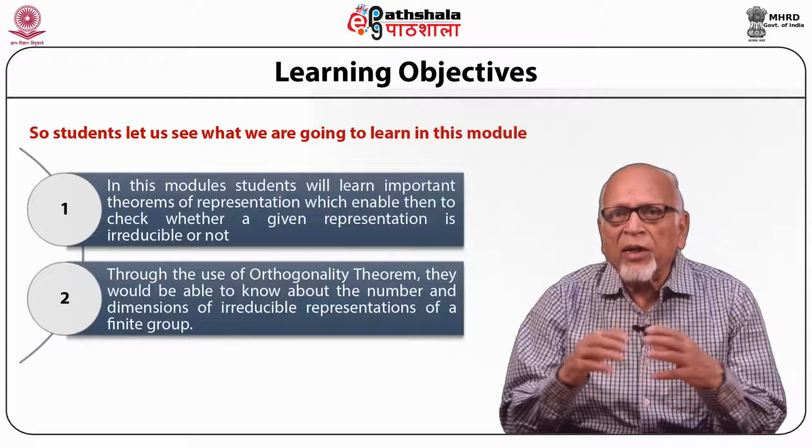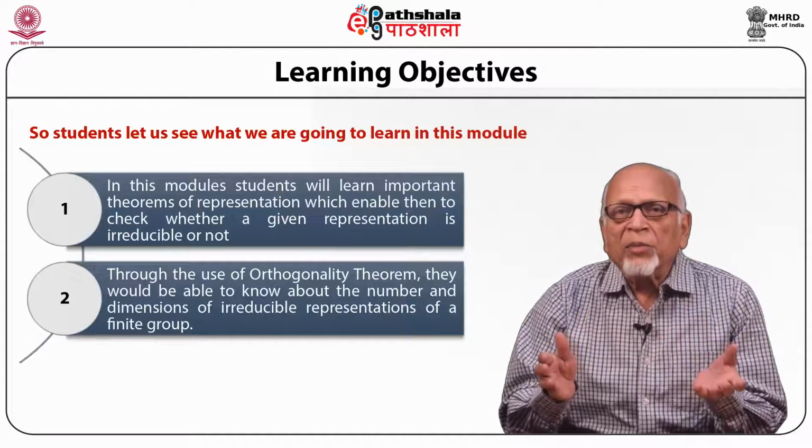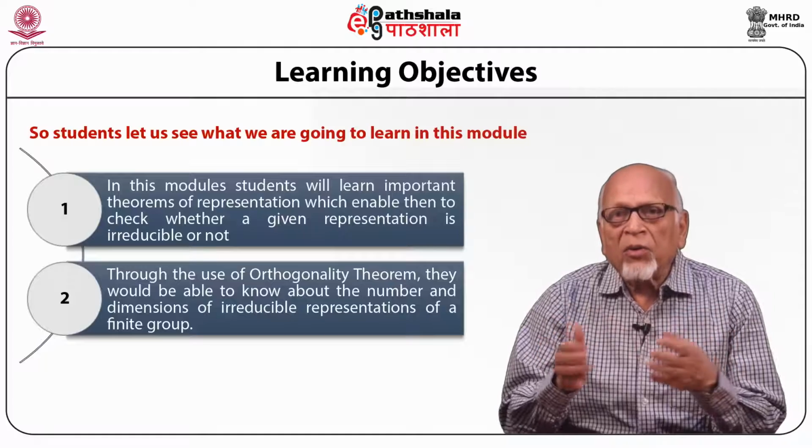That is, given a finite group, how many representations it has will be determined by the application of the orthogonality theorem. One of the most important theorems in the study of irreducible representations is Schur's lemma. There are two lemmas, and then there is the orthogonality theorem of representations.